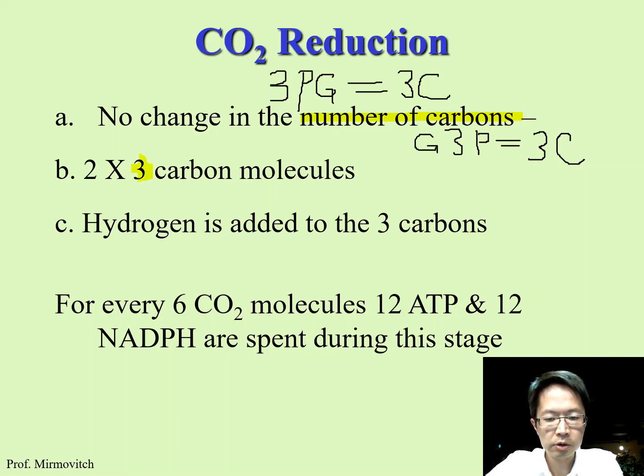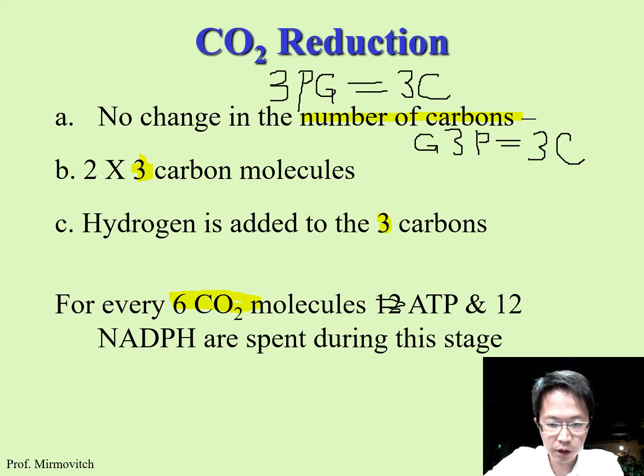Hydrogen is added to the 3-carbon molecules, then you get the carbohydrate. So if you have 6 carbon dioxide, which is the overall equation of photosynthesis we want you to memorize, then what will happen? Oh, this is wrong.